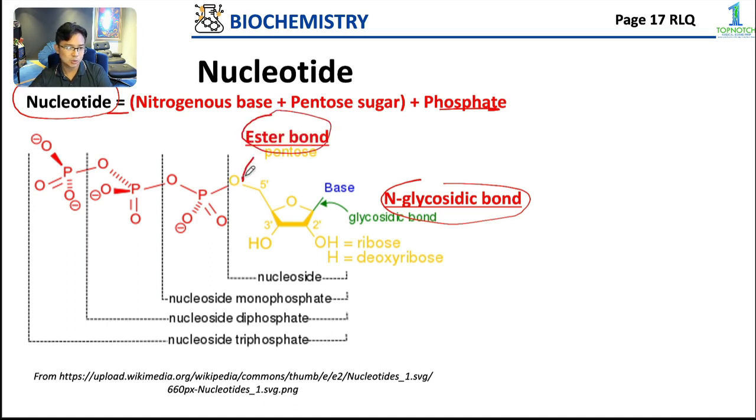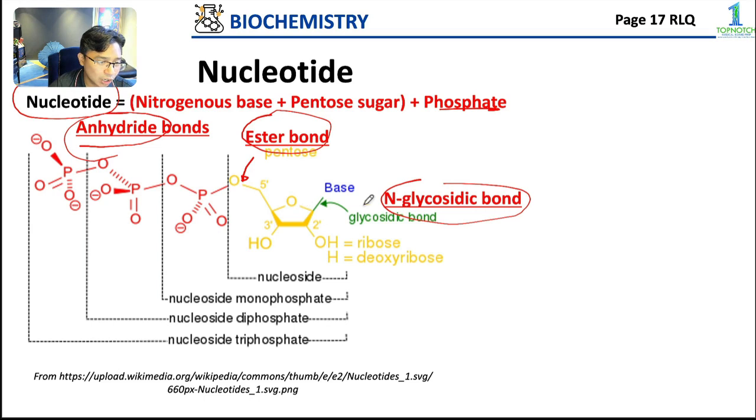Ester bond siya, guys, dito. But the succeeding phosphates, phosphate to phosphate, will form an anhydride bond with each other. So again, review: base to sugar, glycosidic bond. Sugar to phosphate, you form your ester bond. Phosphate to phosphate, anhydride bonding.